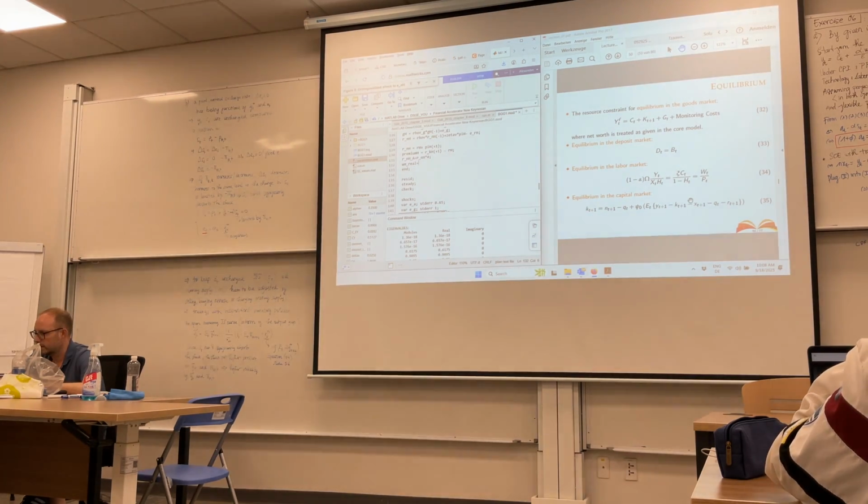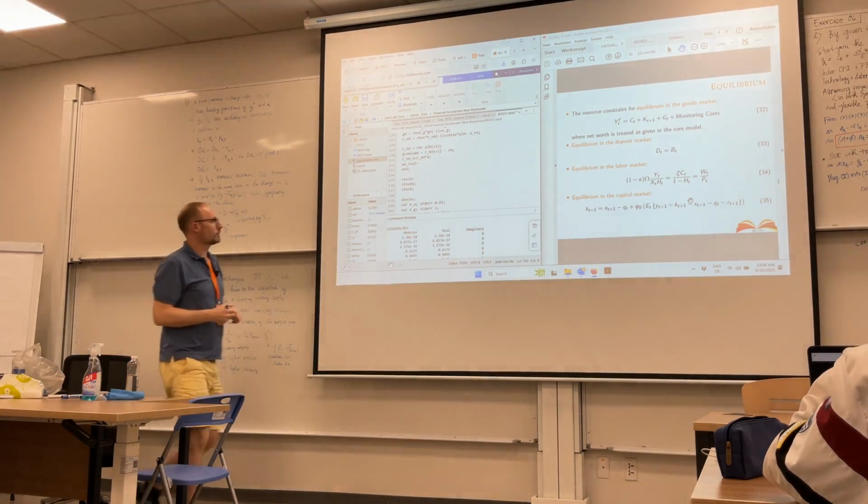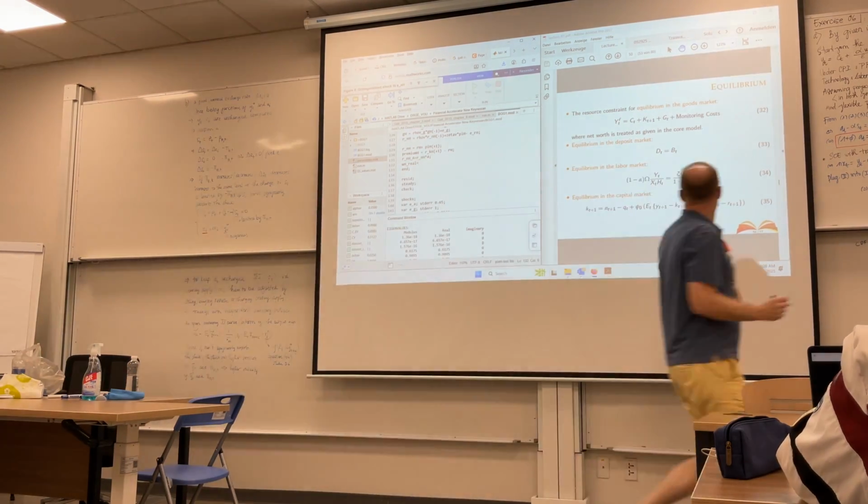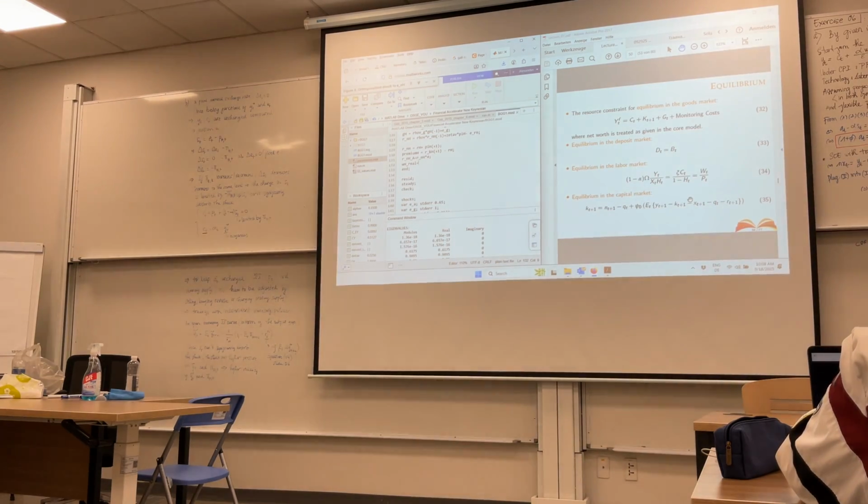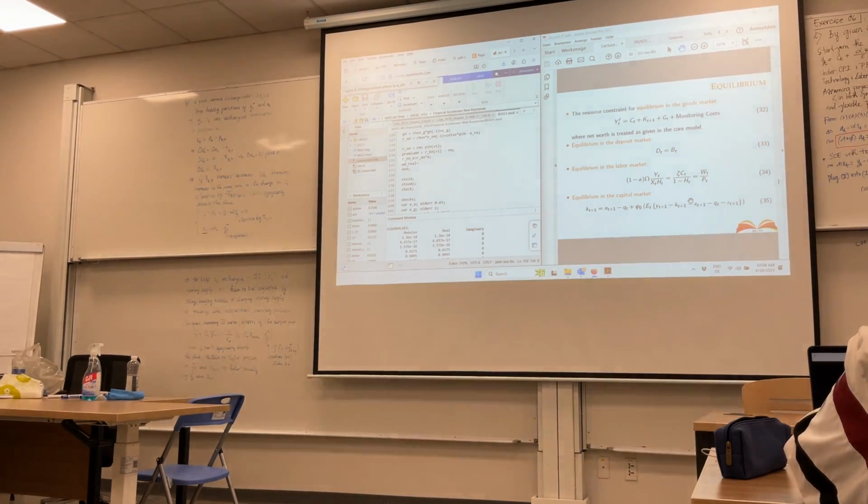Let's log linearize this. Let's define this as the real wage, and it is equal to C_T over 1 minus H_T.